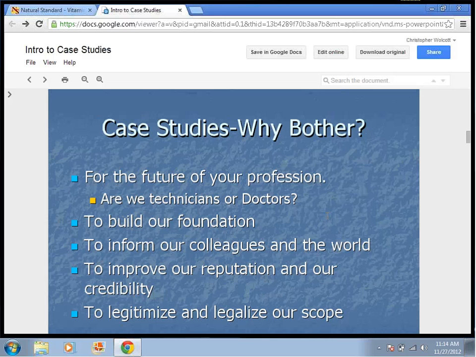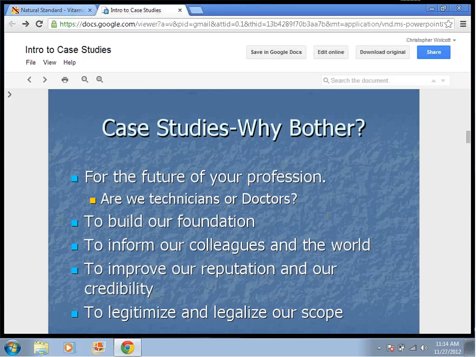I asked this question: are we doctors or are we technicians? I feel like if all we want to do is crack backs, that can be trained at a relatively minimal level. But if we're doctors, if we're teachers, and I think most of us would feel that our training is indicative of being a teacher and a doctor and not just cracking backs, then research is a part of that.